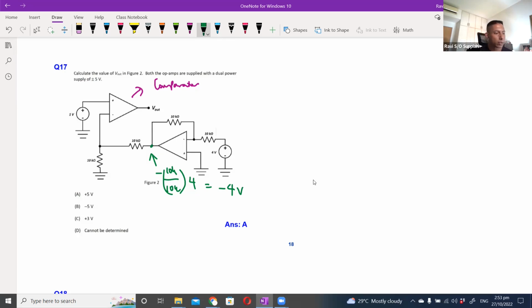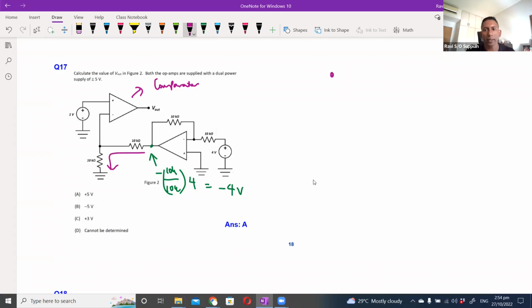Now the next thing is, since we know that no current flows into the internal of the op-amp, when I look at this part of the circuit, what do I observe?